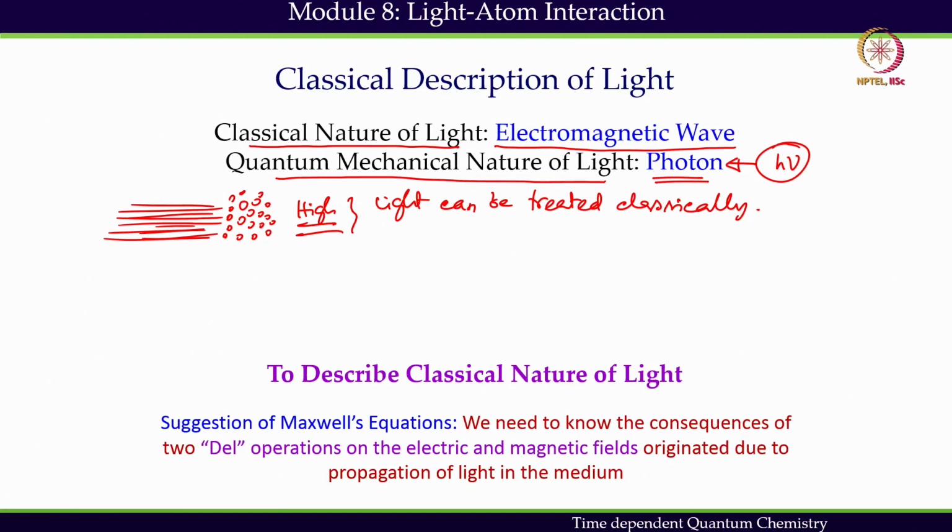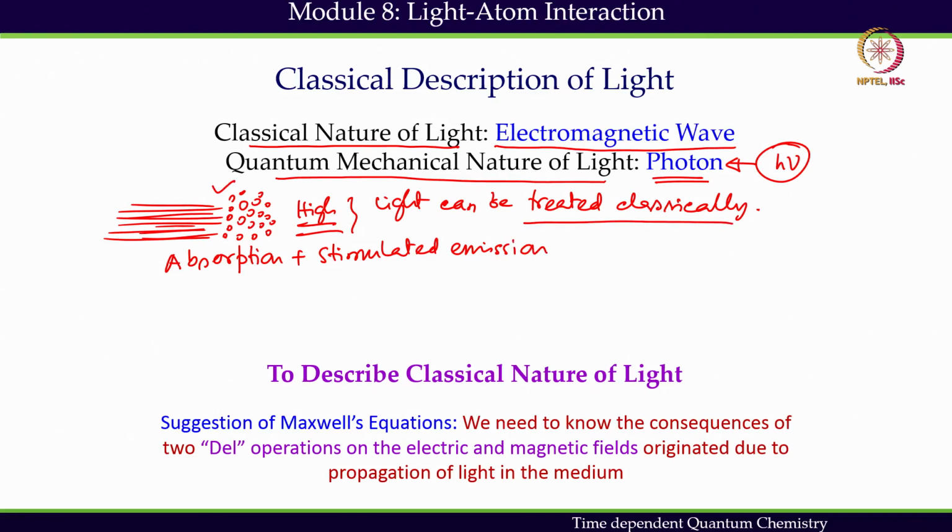In the absorption process and stimulated emission process, photon density is so high that one can treat both processes classically.